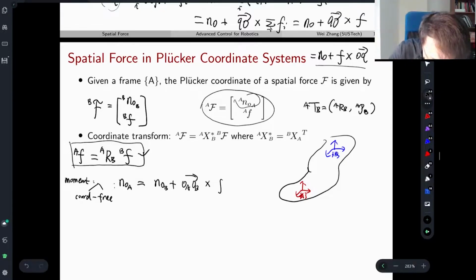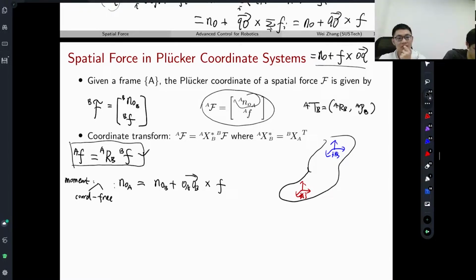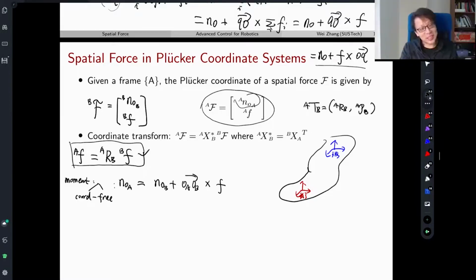Cross F. That's a physical free vector. I haven't chosen a coordinate yet. It's just F, right?